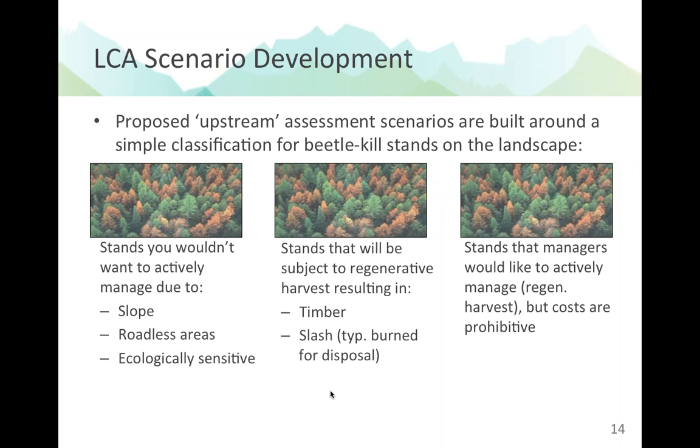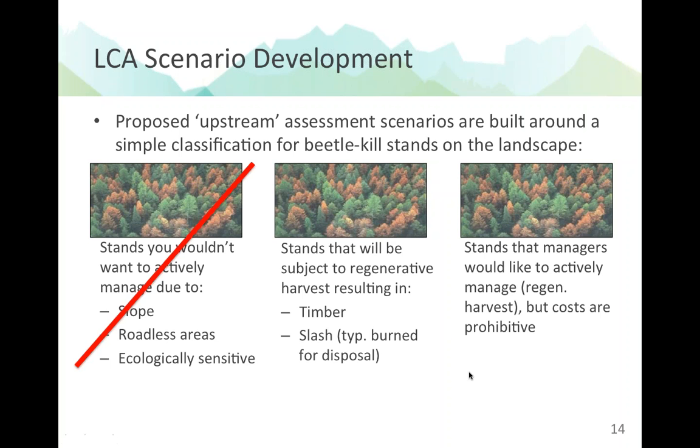It's in areas that are maybe ecologically sensitive, maybe they are in roadless areas and federally protected areas, areas that are too high a slope to get at anyways, and those areas we can throw out of the analysis entirely. So we're just going to chuck all those out of the analysis.